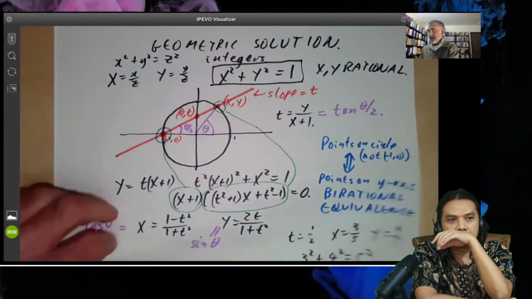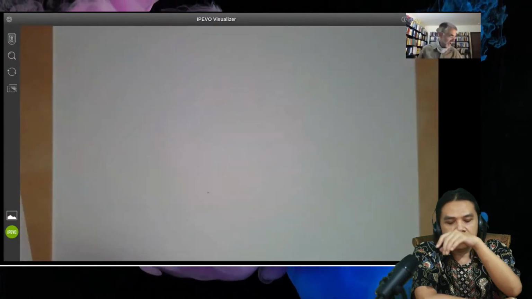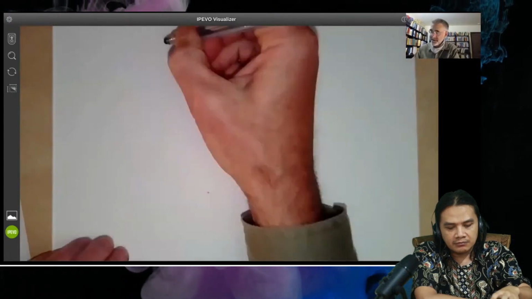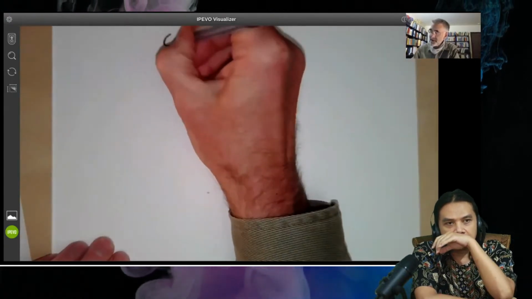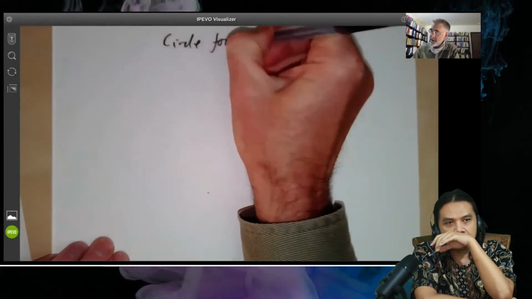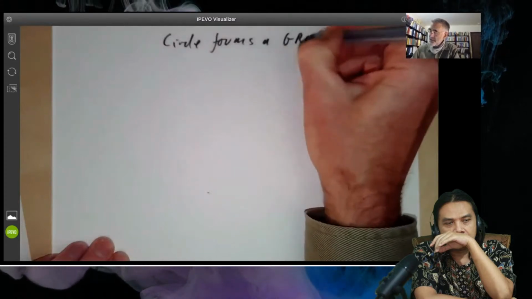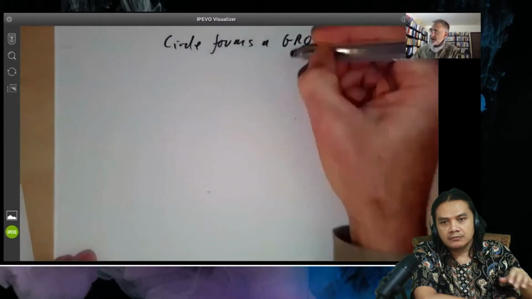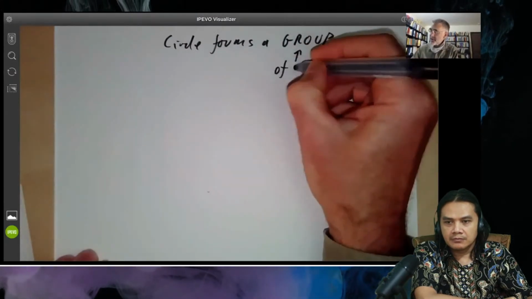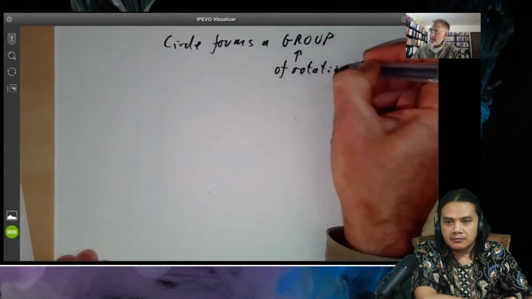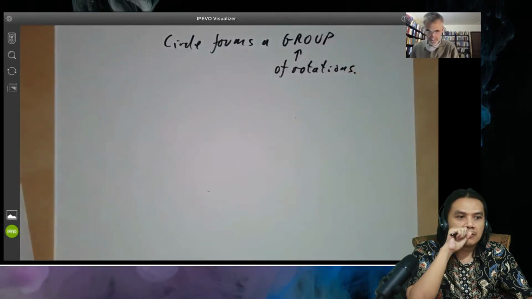Well, treating this as a geometrical problem rather than an algebraic problem gives you additional insight into the solutions. In particular, circle forms a group. In fact, you can identify it with just the group of rotations of the plane fixing the origin.